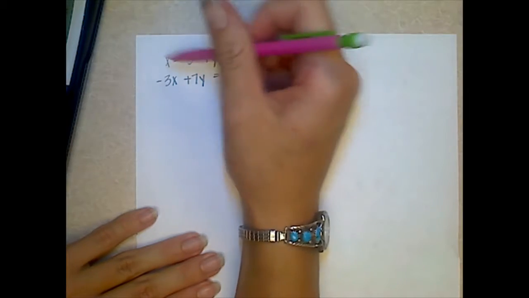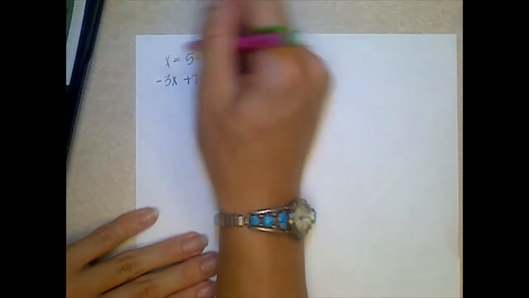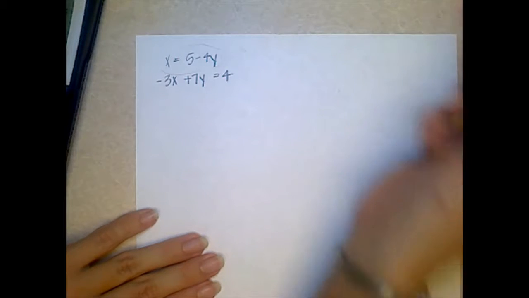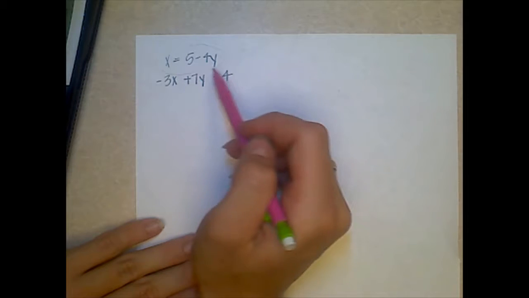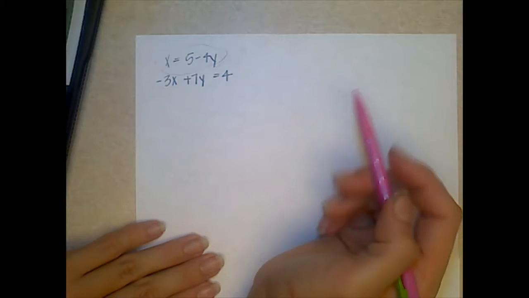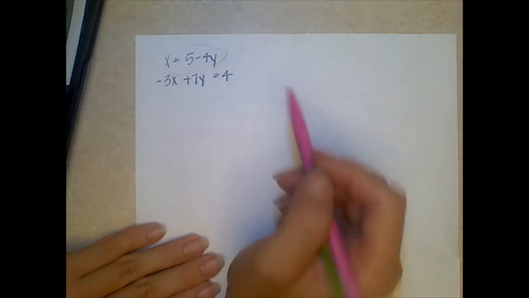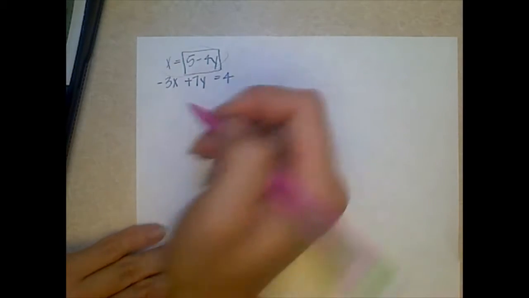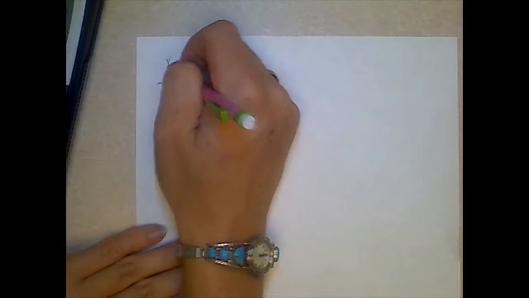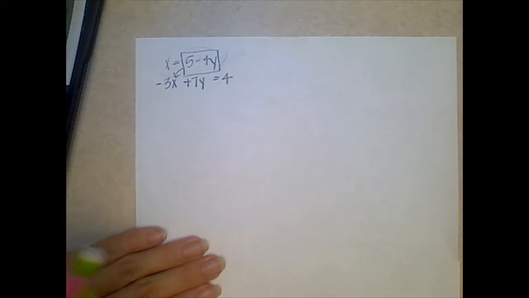Guys, why would you add if you've already got one that's set up like a substitution? Because remember, substitution is where you have one variable by itself all organized on one side, and I can plug that in for x. So that first equation is telling me x equals 5 minus 4y. So I want to take what x equals and put it in for x in the other equation.